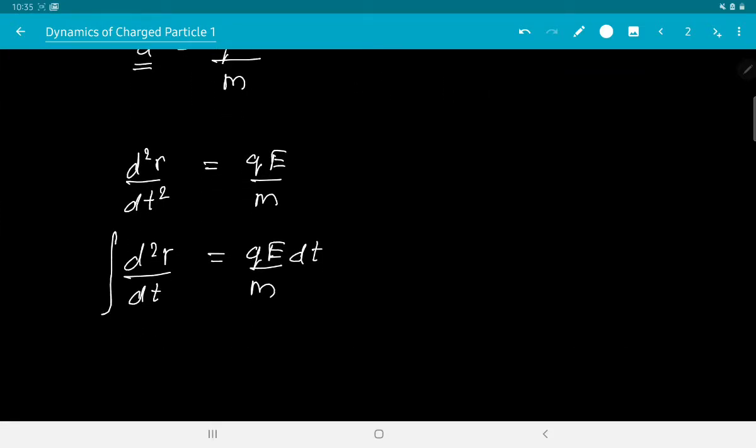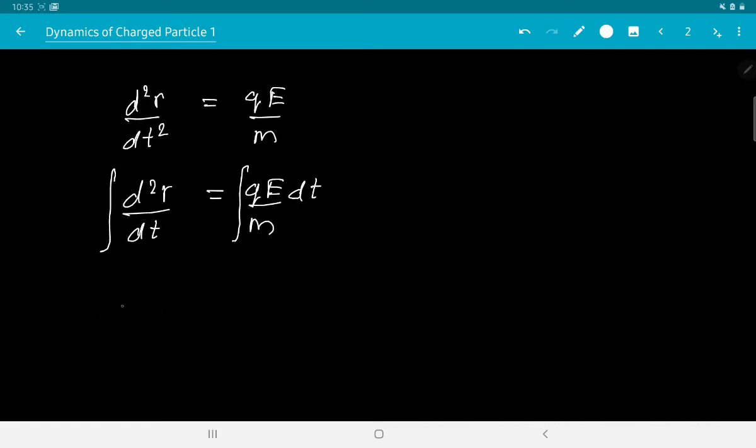Now we can integrate both these sides, and on the left hand side we are going to get dr by dt. We are doing integration of this derivative, so one derivative will cancel and we'll get dr by dt.